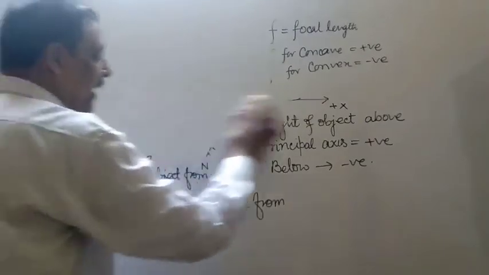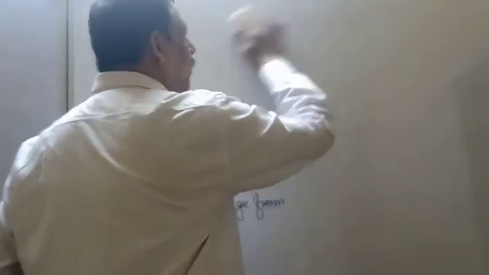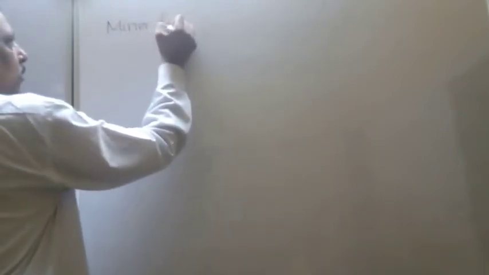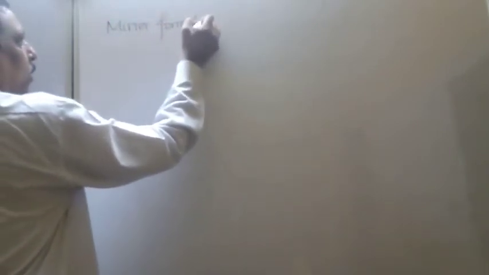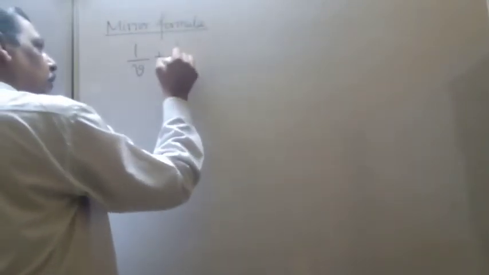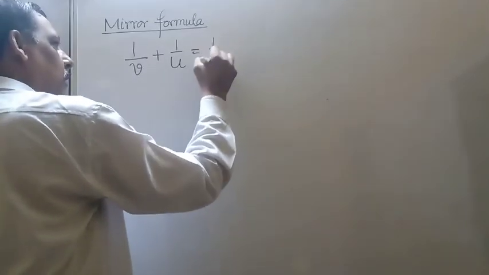So we will write the mirror formula. This is the mirror formula: 1 upon v plus 1 upon u is equal to 1 upon f.